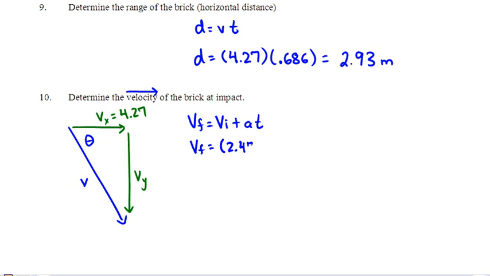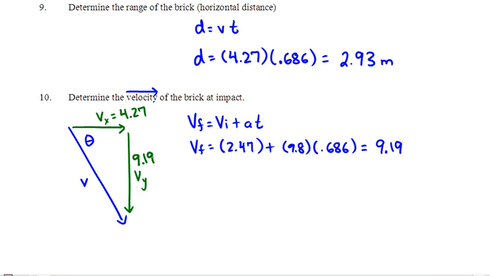So 2.47. And then we're going to accelerate, and we don't have very long to accelerate for, only 0.686 seconds. And when you do that, you find that this brick is actually descending downward vertically at 9.19 meters per second. I can add that to my picture here.